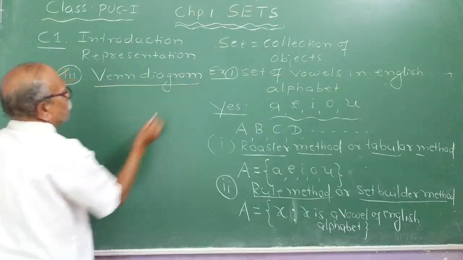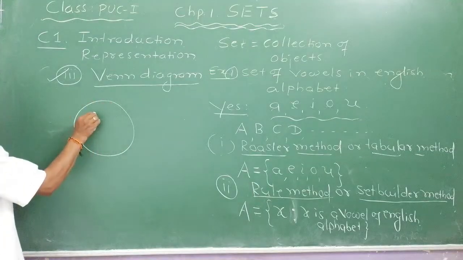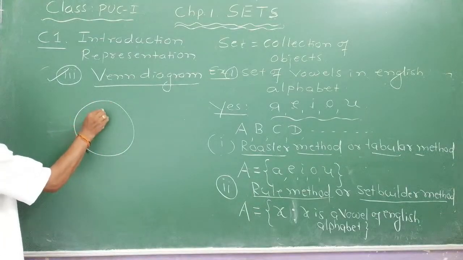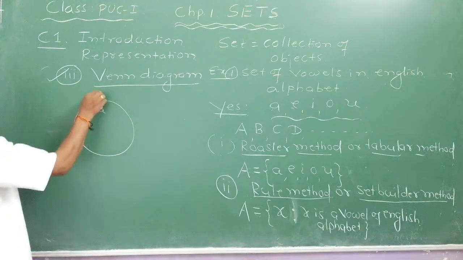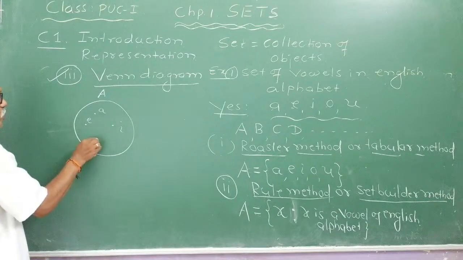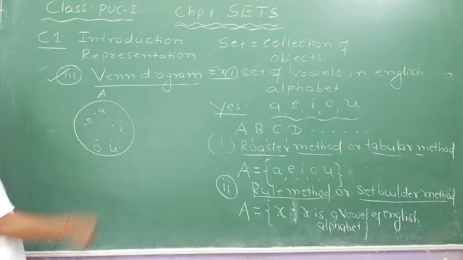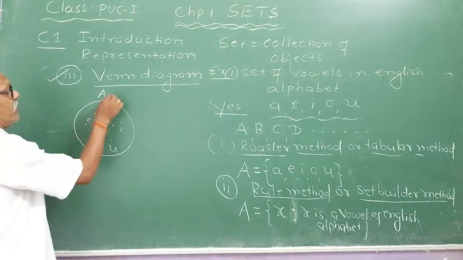See, in a Venn diagram, you are drawing a circle like this. Inside the circle, we are writing the elements with dots. Say this is A, this is E. So the same set A can be written as A, E, I, O, U. You are writing the dots. Elements are written in the circle. This is called the Venn diagram method.